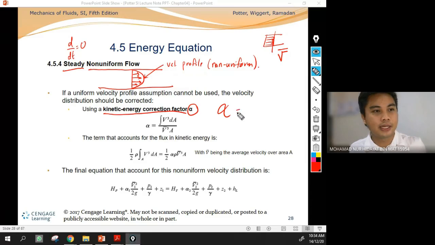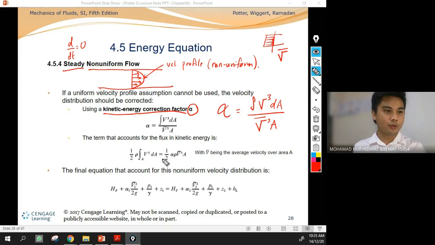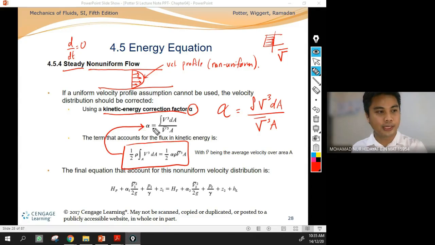The alpha formula is the integral of the velocity profile, which they will give you, to the power of 3 dA, the cross-sectional area, over the average velocity to the power of 3 times A. The derivation of this term contributes to the alpha. They change alpha to become the subject, and this is the final equation.